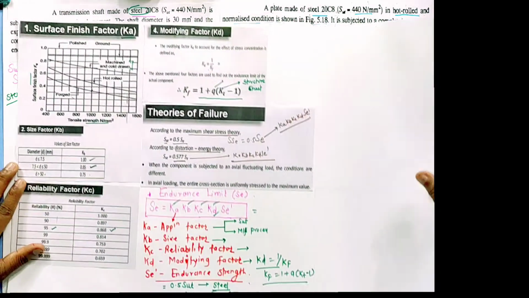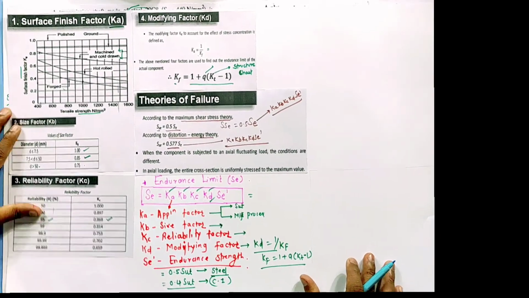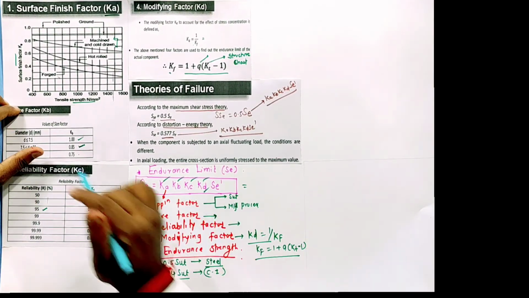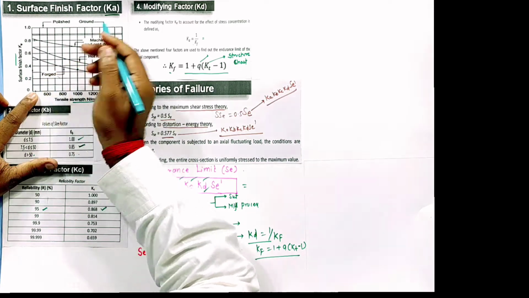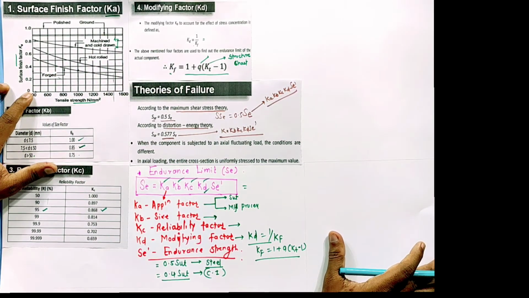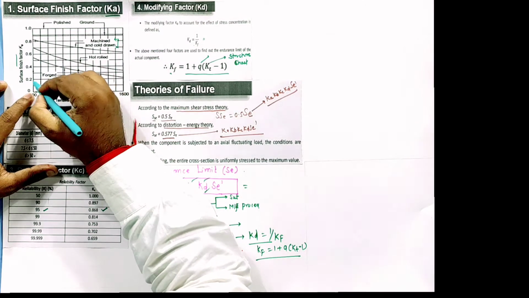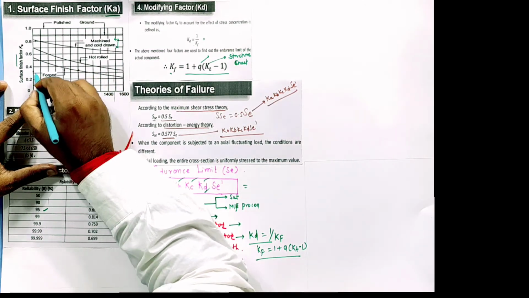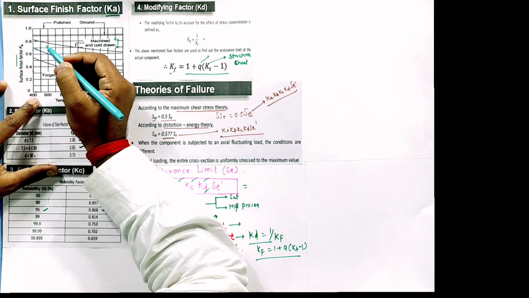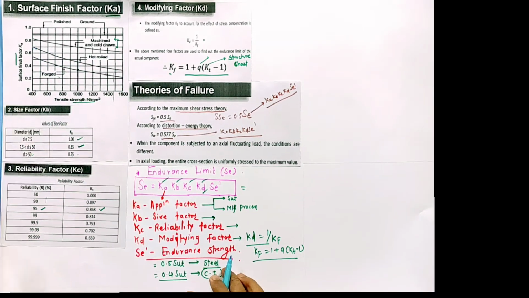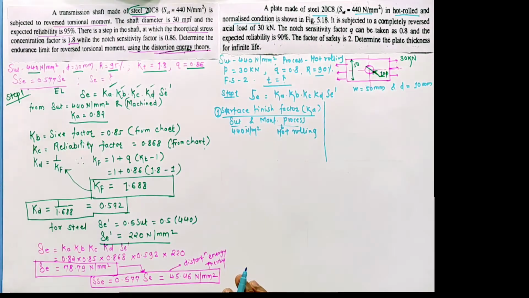Now this is a Ka chart. What does it indicate? SUT 440 and hot rolling, this graph. So I'll move toward 440, hot rolling here. So I can say 0.6768, so I'll write 0.68, no issue.